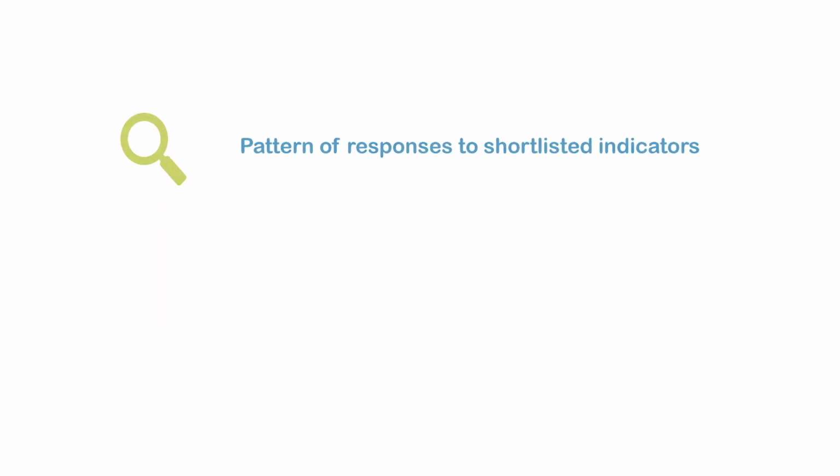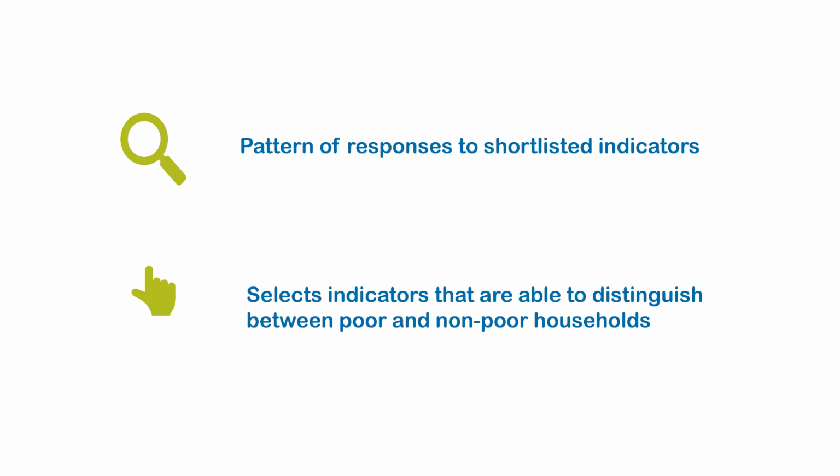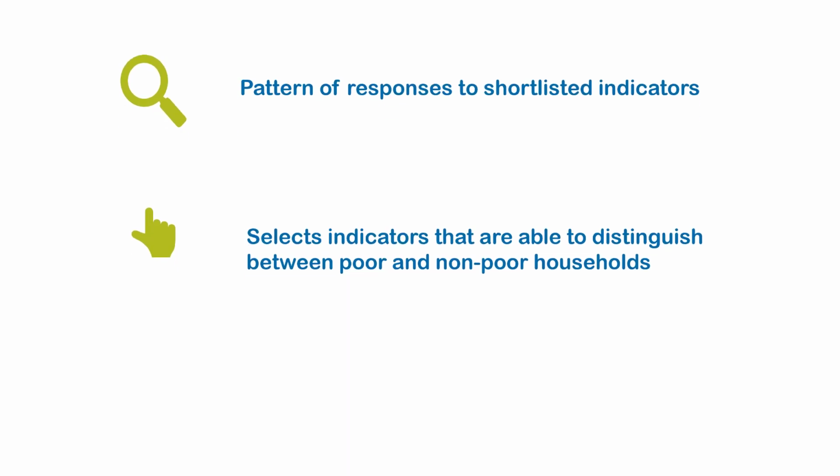It then looks at the pattern of responses provided by the poor and not poor households to the 50 to 150 indicators that we shortlisted in step 3. The model selects the top 20 indicators from this group that are best able to distinguish a poor household from a not poor one. For example, a strong predictor of poverty in one country may be lack of access to electricity, while in another country, it may be having a head of household who is not literate.